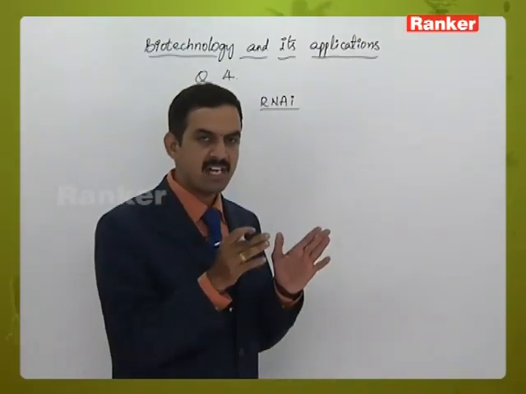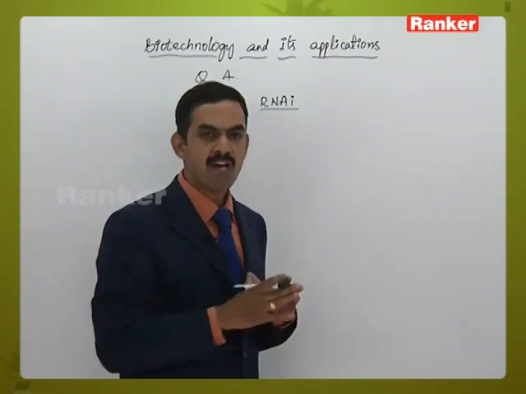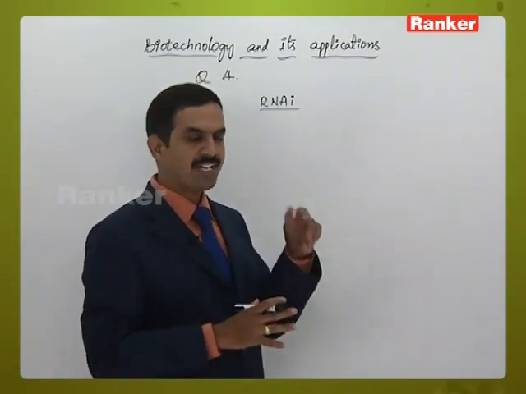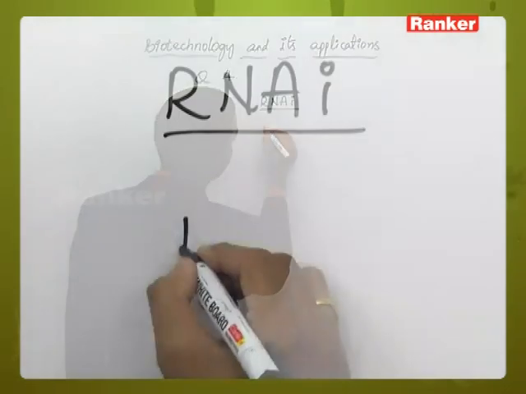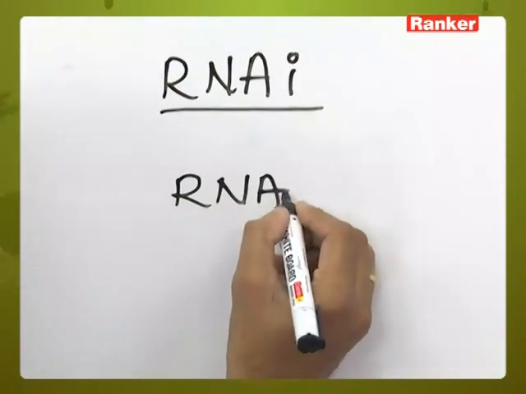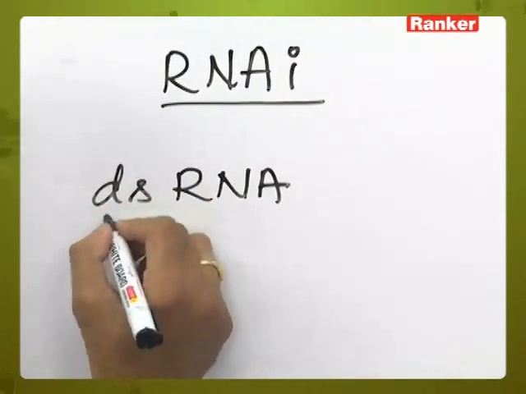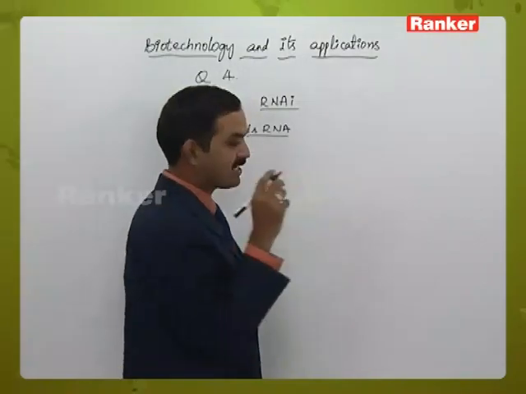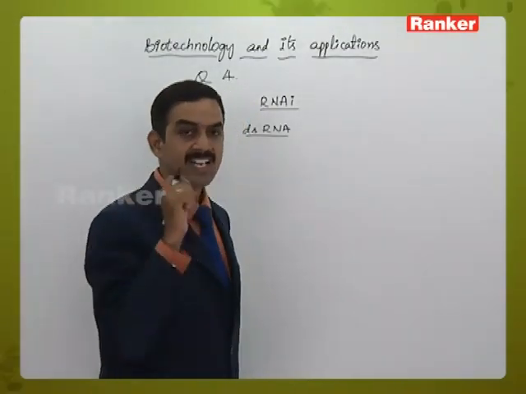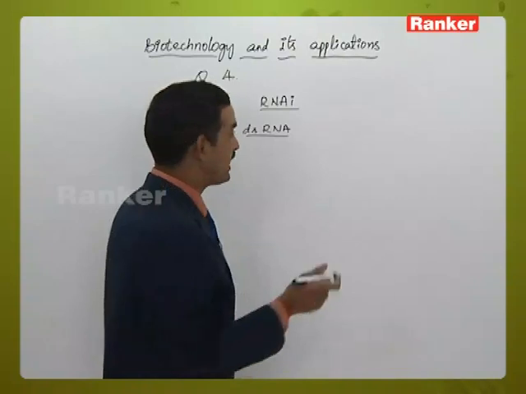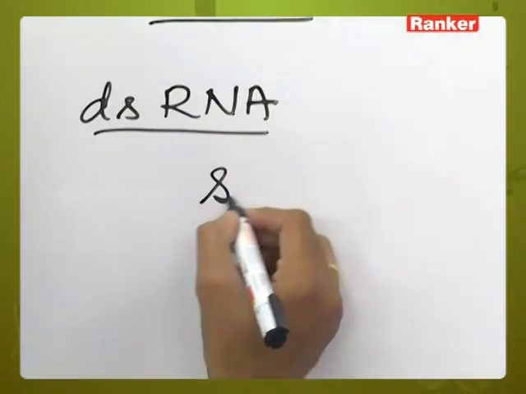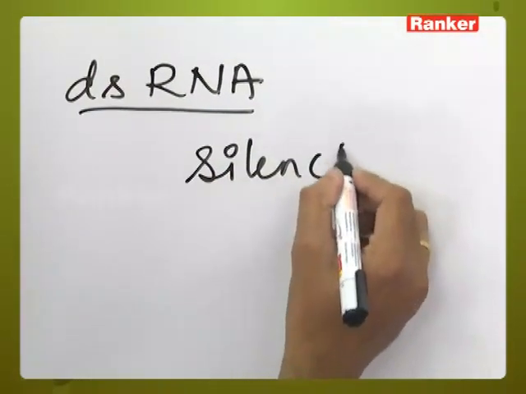That single stranded RNA will go and bind to the mRNA molecule. When it binds to the mRNA molecule, that mRNA molecule will become a double stranded RNA. So when a double stranded RNA is there, the translation is prevented. This process of preventing the translation is called the silencing process.